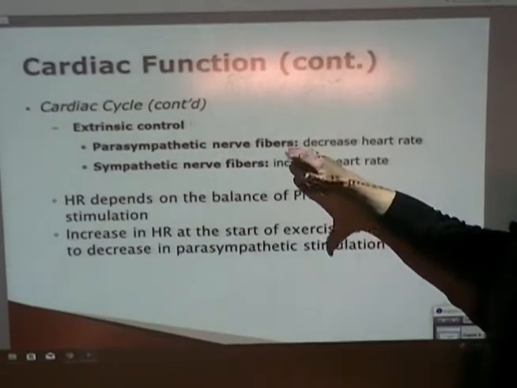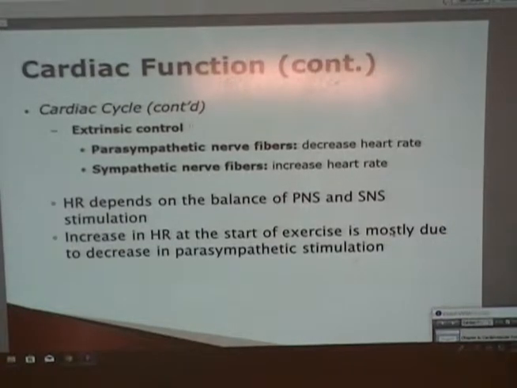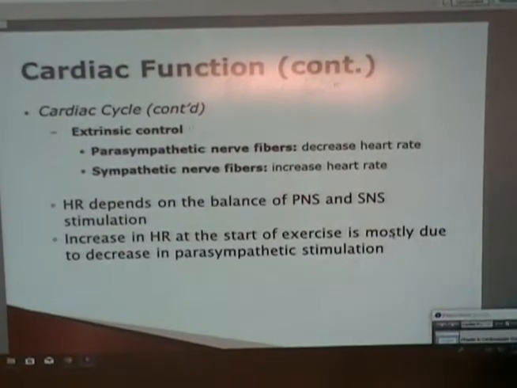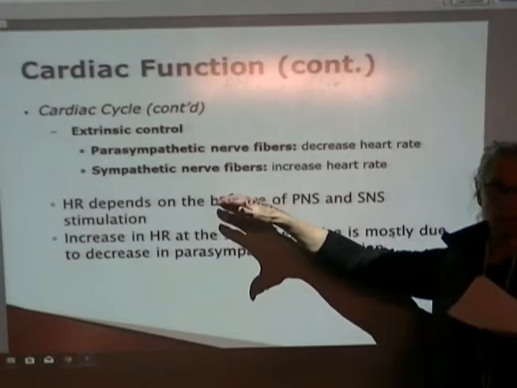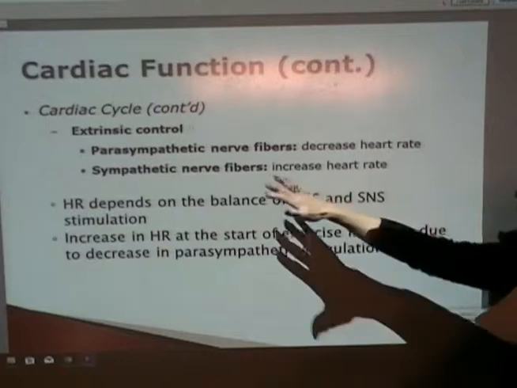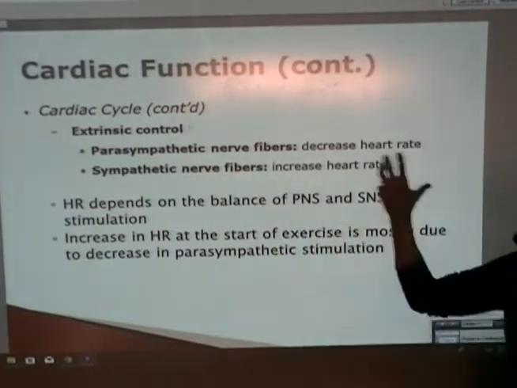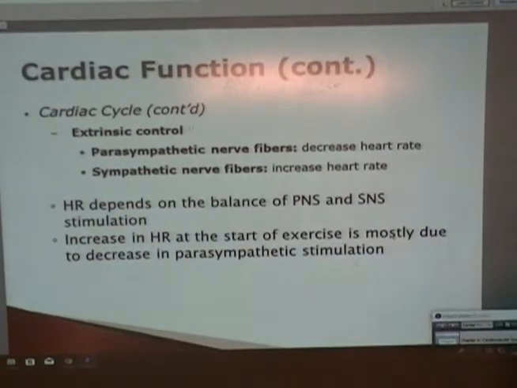So the parasympathetic system brings information to slow the heart rate down from the 100 beats per minute that it's set at. Okay? The sympathetic system is our fight or flight. So when the sympathetic system is stimulating the heart, it increases heart rate.